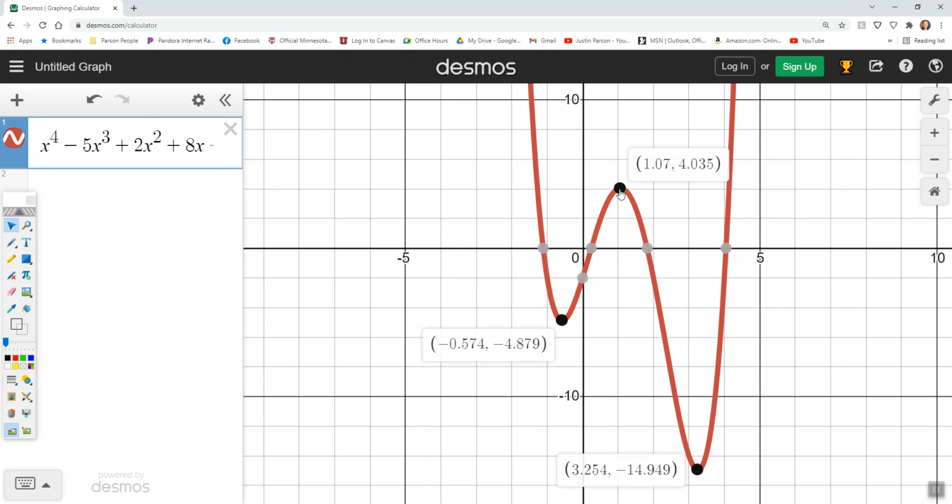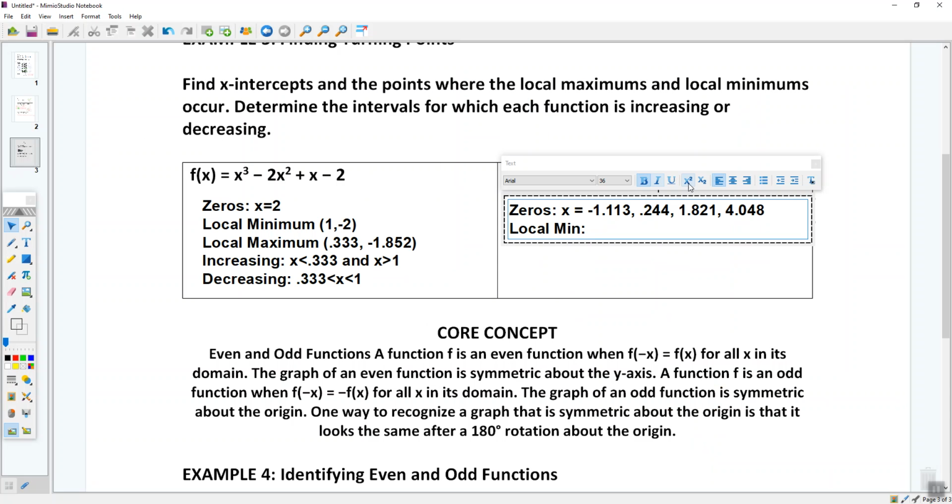Okay, who's got something written down they can read back to me? Allie, you want to do that for me, buddy? Sure. Okay, so help me out. What were your local minimum coordinates? What was the first one? Negative 0.574, negative 4.879. Okay, and then 3.254, and then negative 14.949.